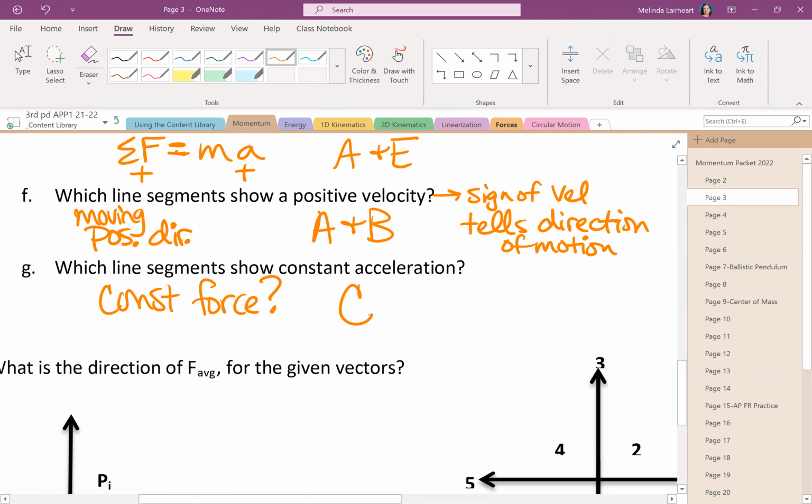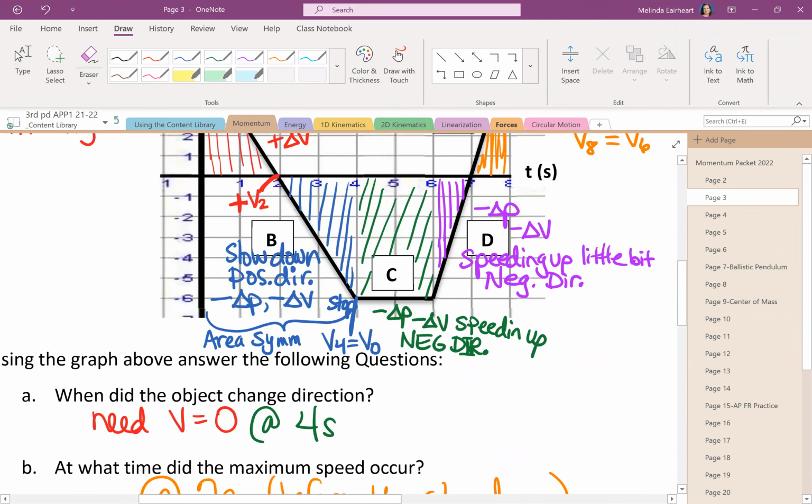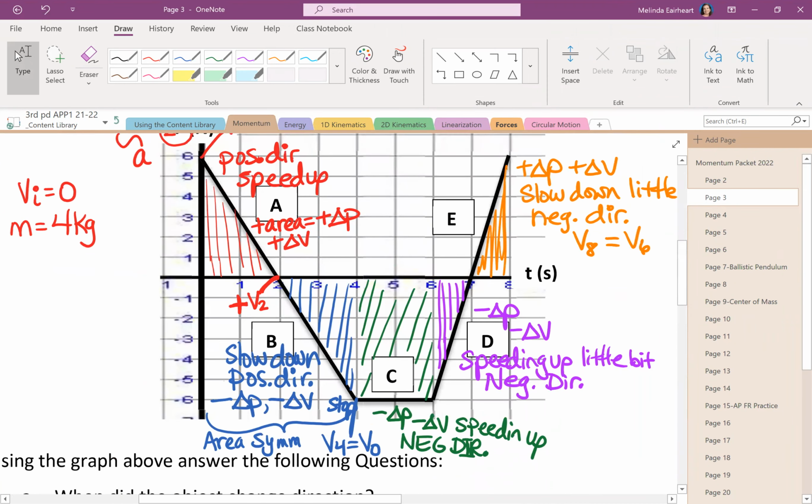Everybody good with some concepts? I got one. When is the object traveling at a constant velocity? Is it C as well? Can you have constant acceleration and constant velocity at the same time? No. Okay, so maybe next time they ask about constant velocity, what would your answer be there?